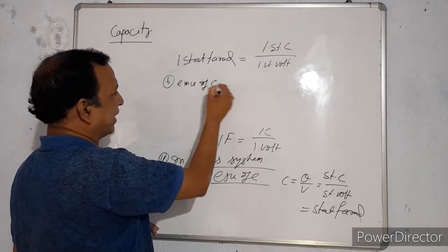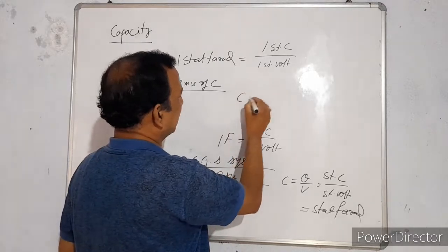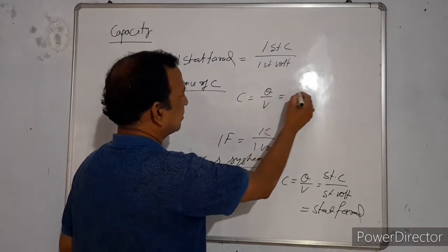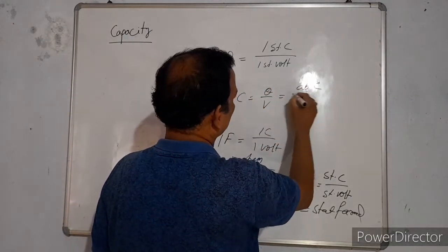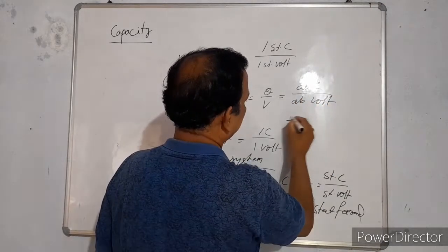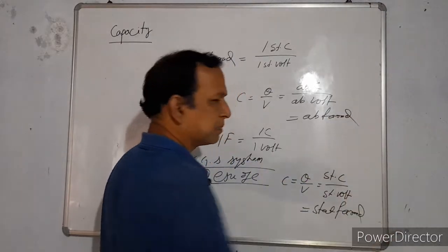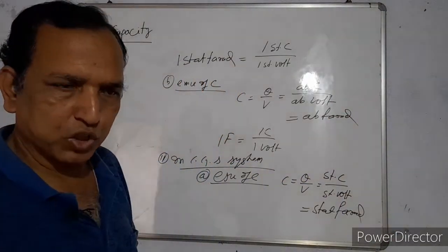EMU of C, electromagnetic unit of C. C is equal to Q by V, that is absolute coulomb by absolute volt, that is equal to absolute farad.